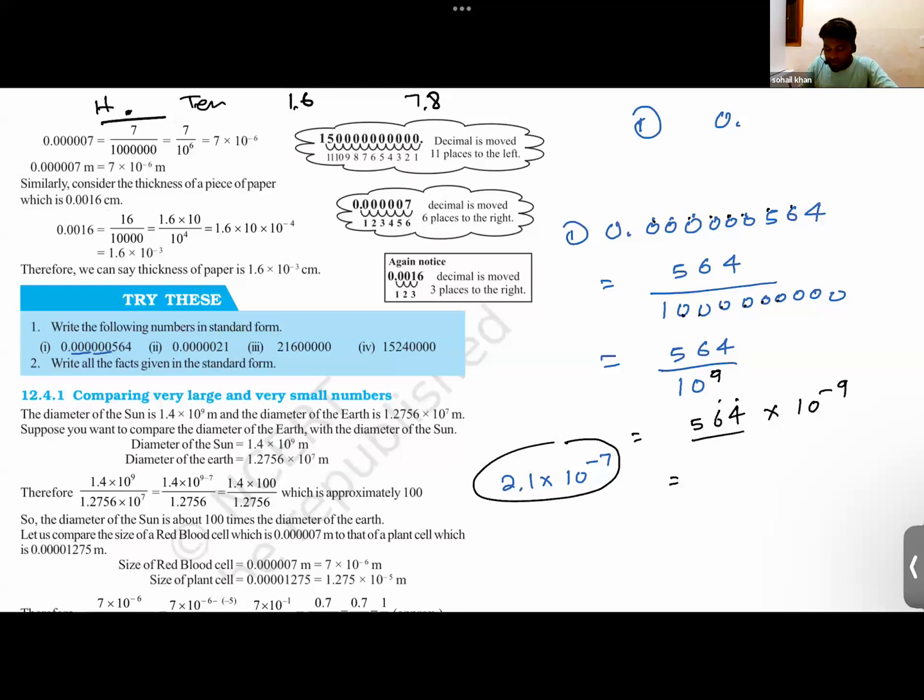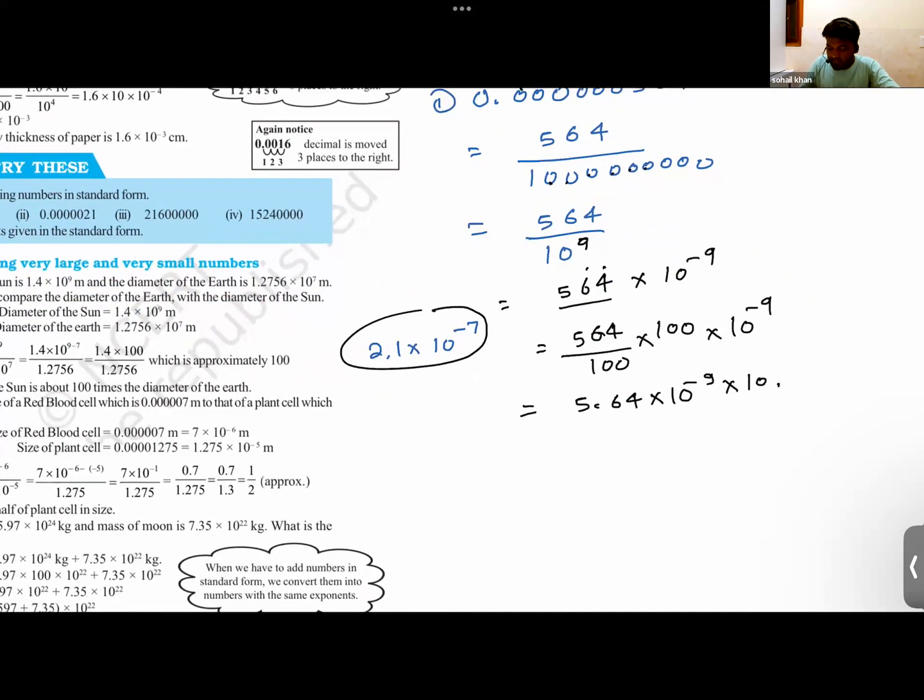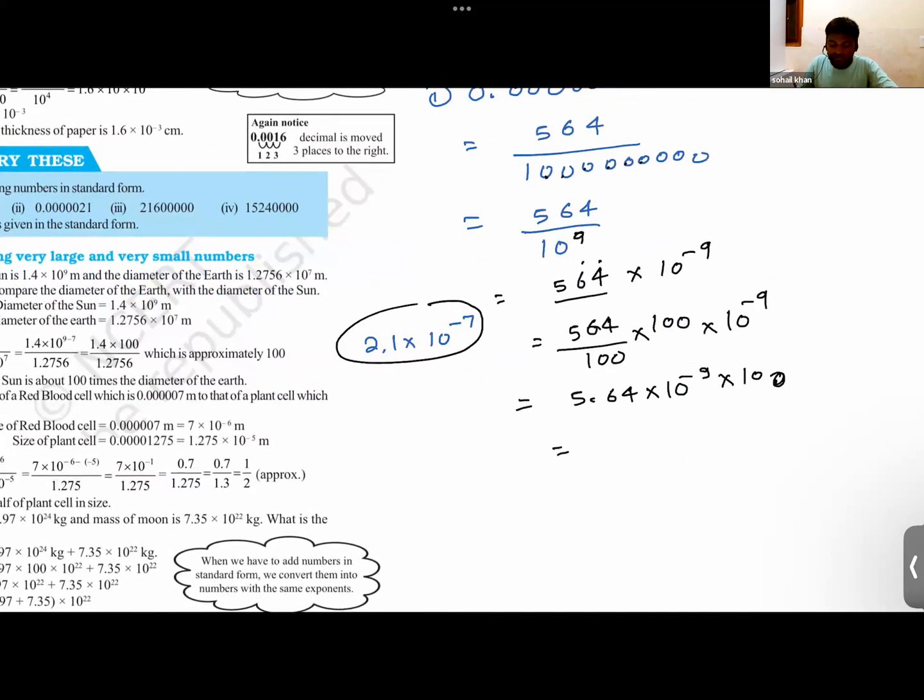So we multiply with 100 and divide with 100 also. So it will be 5.64 into 10 raised to the minus 9 into 10 raised to the power 2.